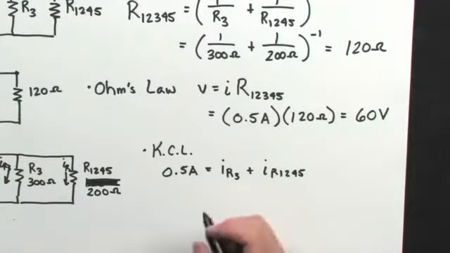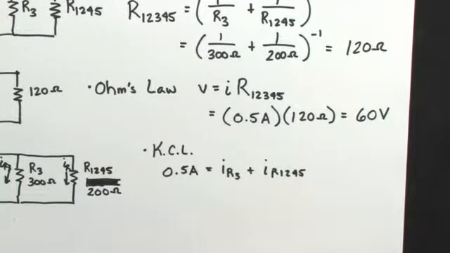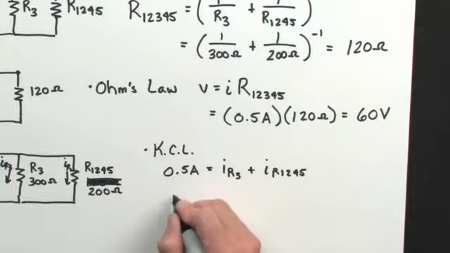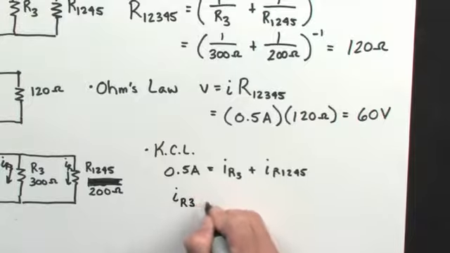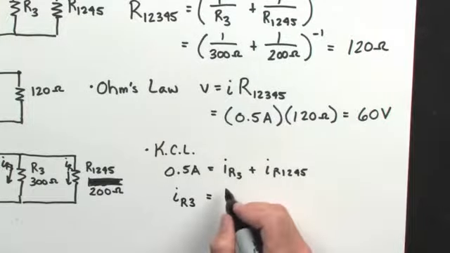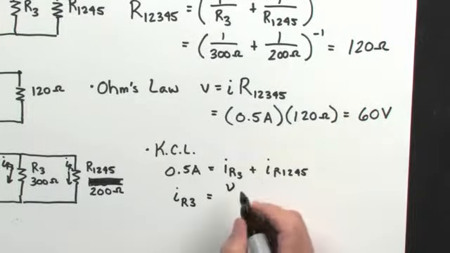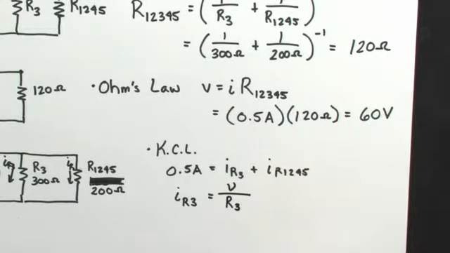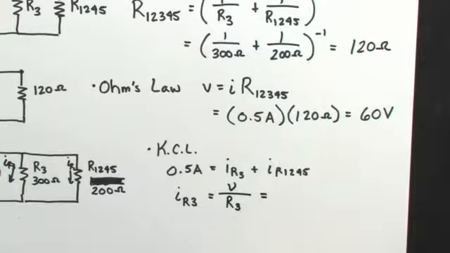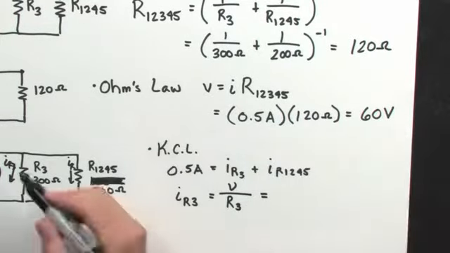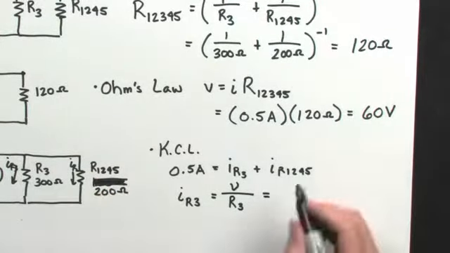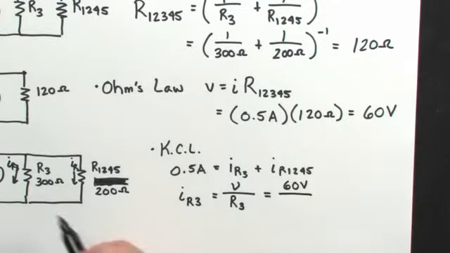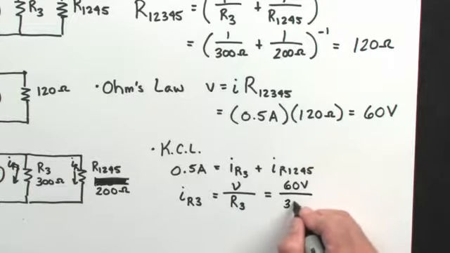Using Ohm's law, we can calculate the total amount of current that goes through resistor R3. So the current through resistor 3 is going to be equal to the potential across resistor 3 divided by the resistance of R3. We calculated that the potential is going to be 60 volts, and we know that the resistance of R3 is 300 ohms.